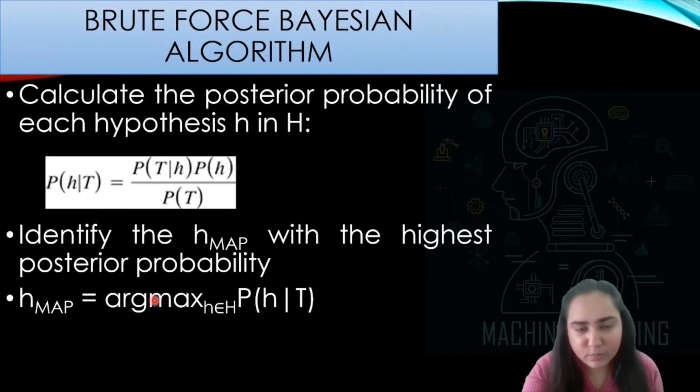So you're just applying an argument called max. And for all values of small h, you will find the probability of that h given the target values, and you will see which one of them is the maximum. So if you find that, then you can say that these are the hypotheses that are most likely to be true.